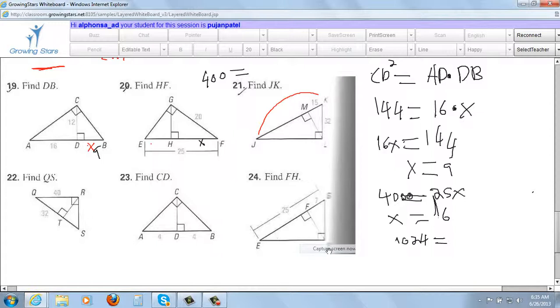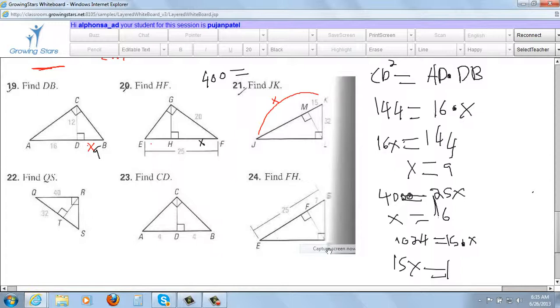JK is 15 plus x, so 15 times x. Okay, so it'd be 15x equals 1024.